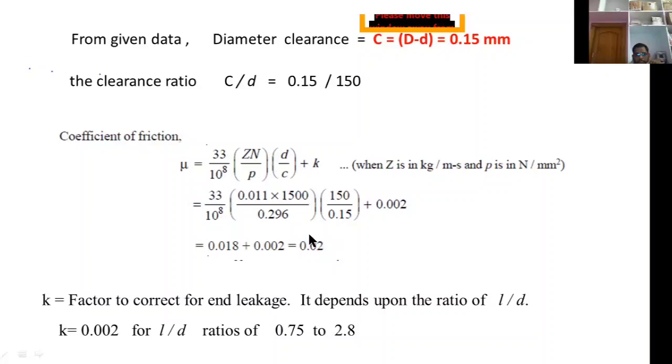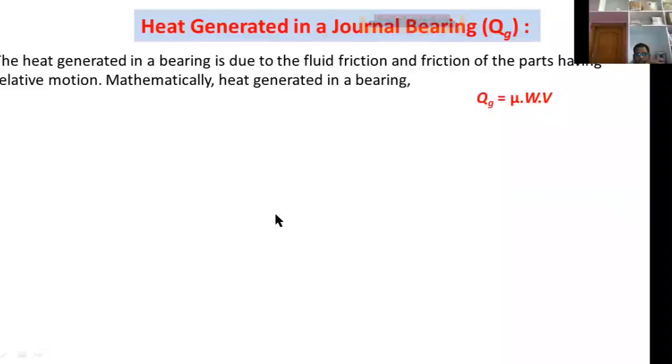So by using coefficient of friction mu equal to 0.02, you have to find the value of amount of heat generated. Already we know that the formula for amount of heat generated is QZ equal to mu into W into V. Here QZ is the amount of heat generated, or amount of power wasted.